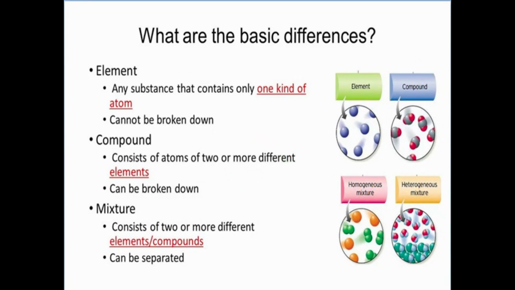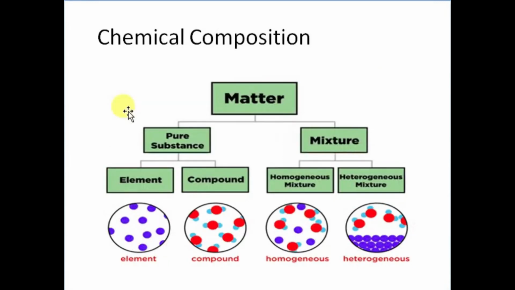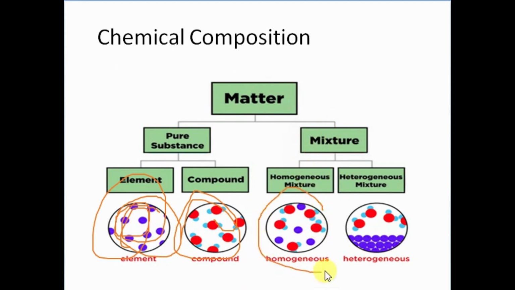If we again come to this slide, you can see that in elements you have only one kind of atom. Here you have one red and one blue, so these are compounds. Then in the homogeneous mixture, you can see a different color atom is present, so a combination of two or more different elements forms a homogeneous mixture.